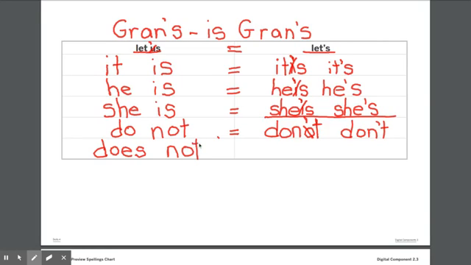Brody does not like carrots or garlic, if I remember correctly. Does not. Let's turn that into doesn't. Brody doesn't like carrots, and Brody doesn't like garlic. So we're going to write those two words together with no spaces.